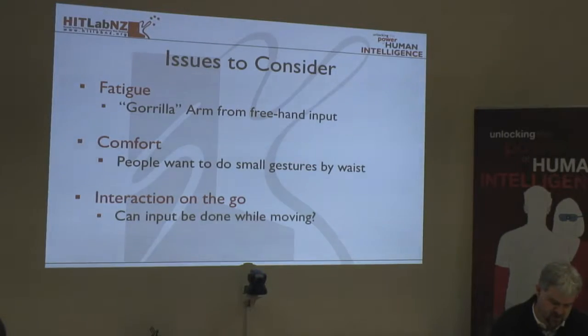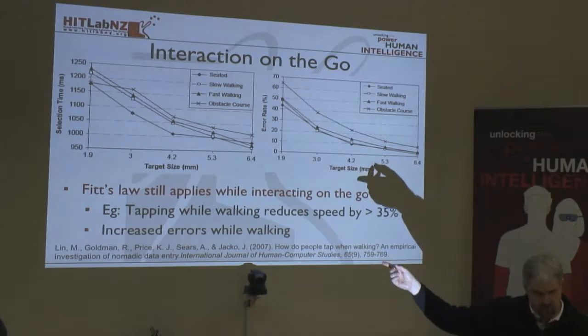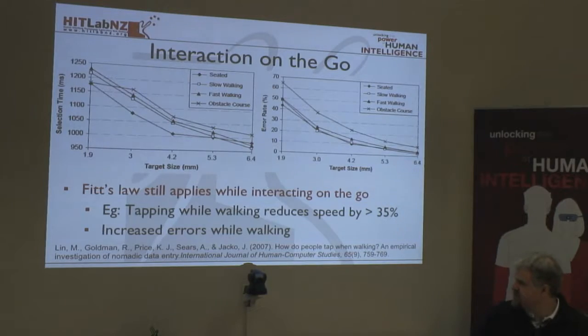So there was a study done. In interface studies, there's a very famous law called Fitts' law. Do you know Fitts' law? Fitts' law basically tells you how long it takes you to select objects. If you have on the computer screen a very big square, and you have to move a mouse from one location to tap on the big square, then it's very easy because it's a very big square.